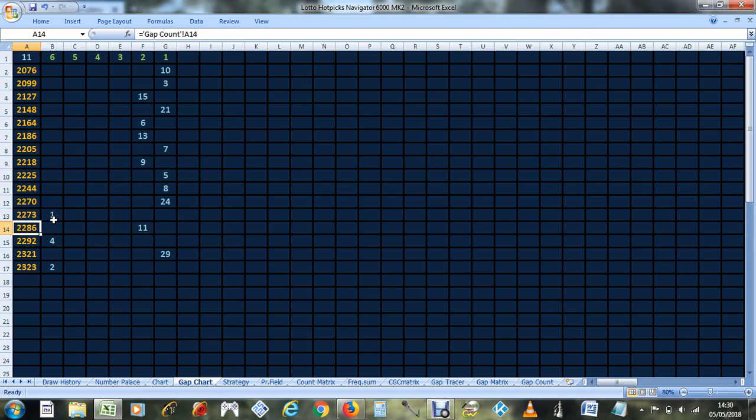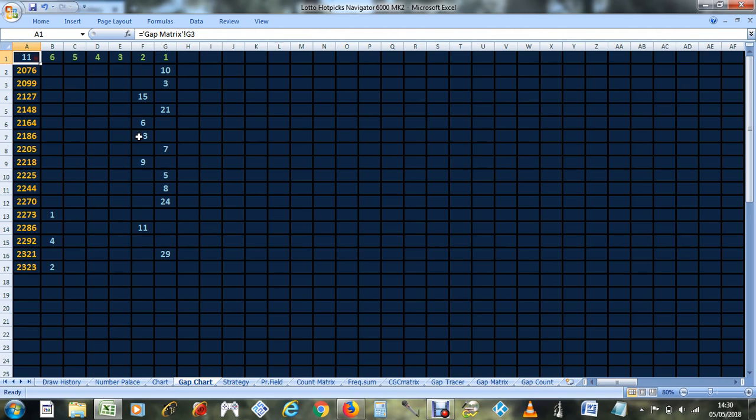Now, as you can see, there's been 6 consecutive occurrences. The last one was in draw 2273, and there's been also 6 occasions where it's missed one draw and then come out in the next one. That's happened 6 times. And then same with 4 draws.